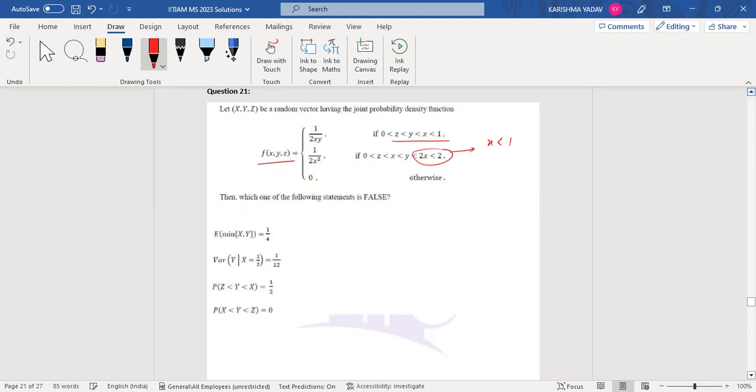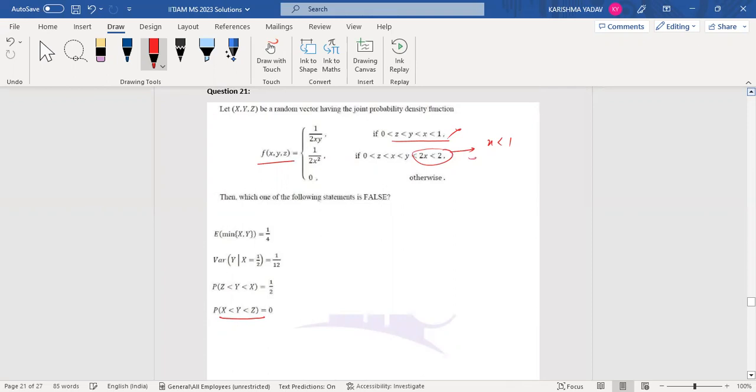Now look at this one. It is saying the probability of x less than y less than z. Let's find out in which case the inequality x less than y less than z is present. Here it is z less than y less than x. It's not this one. It doesn't lie in this region. Here it is x less than y less than 2x, and z less than x less than y.